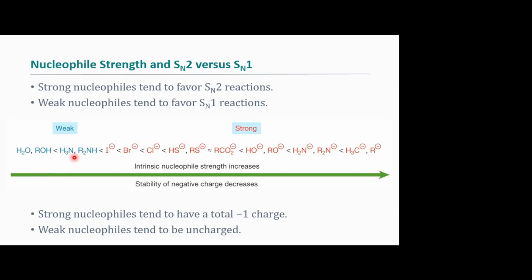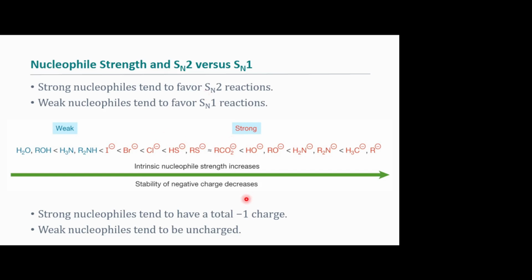Okay. Now, notice that strong nucleophiles tend to have a -1 charge to them. That's actually a lot of what makes them a strong nucleophile, is because they have a -1 charge. They have a lot of electron density, right? And so that electron density can reach in and cause things to happen, right? I.e., it can reach in, make a bond, and then displace that leaving group, right?